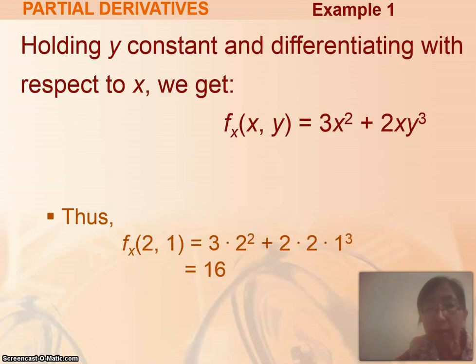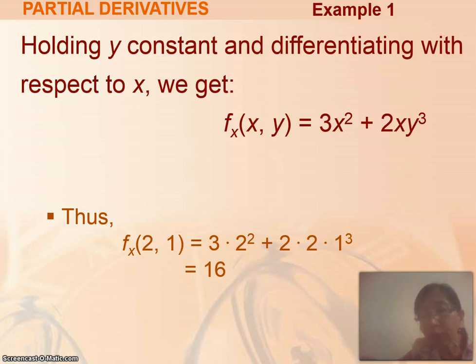Holding y constant and differentiating with respect to x, we get f_x(x, y) = 3x^2 + 2x y^3.